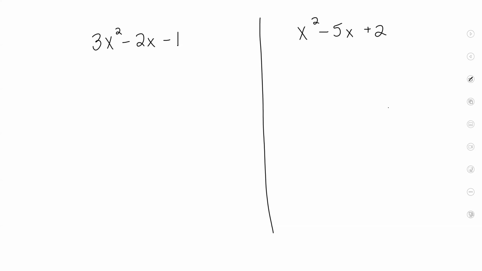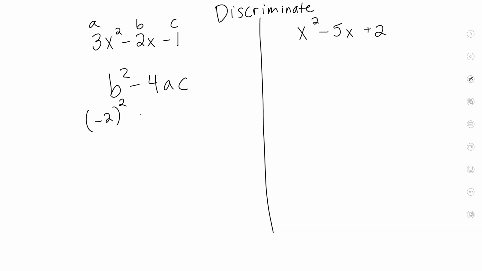All right, guys, we're going to do the discriminant for these. So the formula is b squared minus 4ac. This is a, b, and c. So negative 2, we square it, minus 4ac.